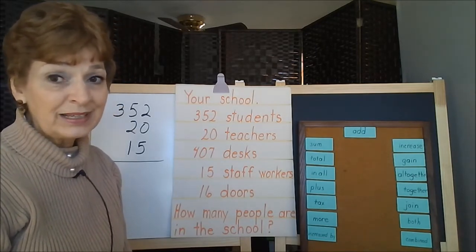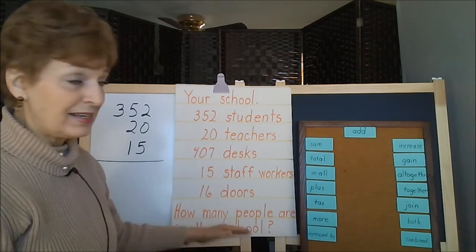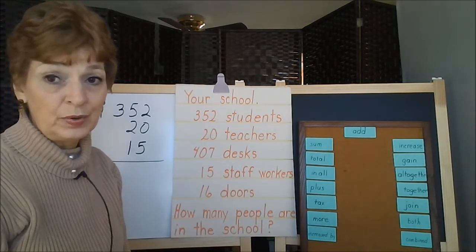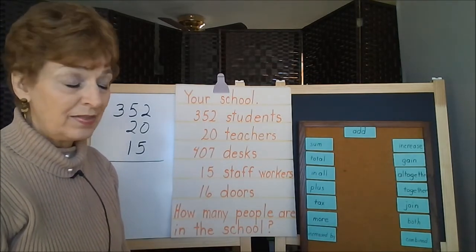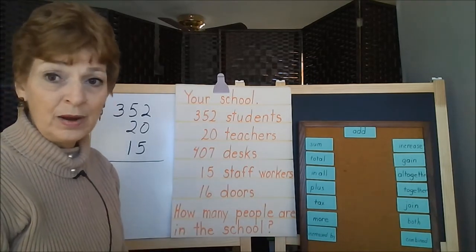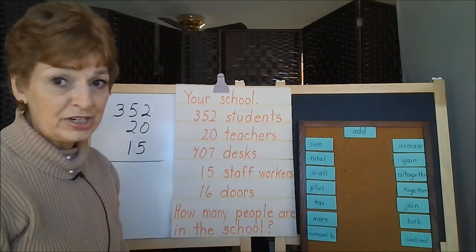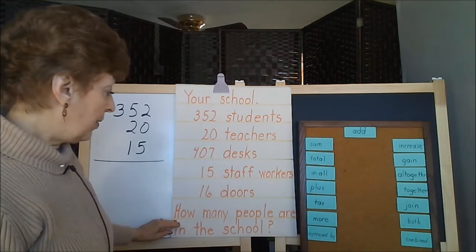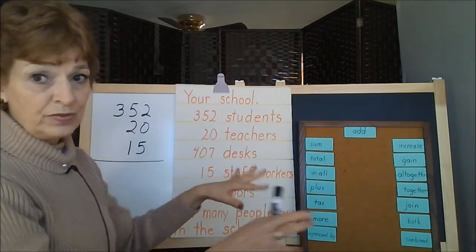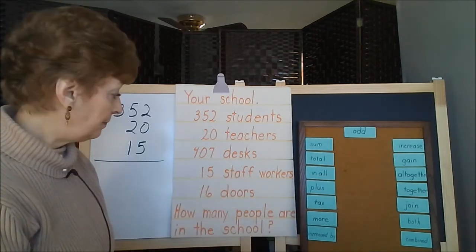So that phrase doesn't really give a very good clue to the operation, because that phrasing is in problems of all 4 operations. So I usually steer children away from the how much or how many.